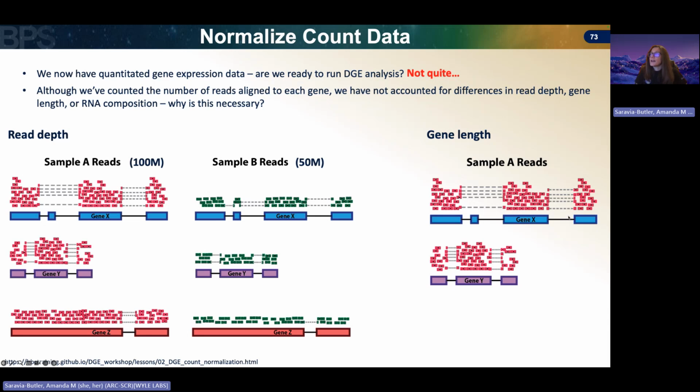However, just because gene X is longer than gene Y, gene X is going to have many more reads mapped to it than gene Y. So if we want to compare the expression of two different genes within the same sample, we're going to have to account for those differences in gene length.